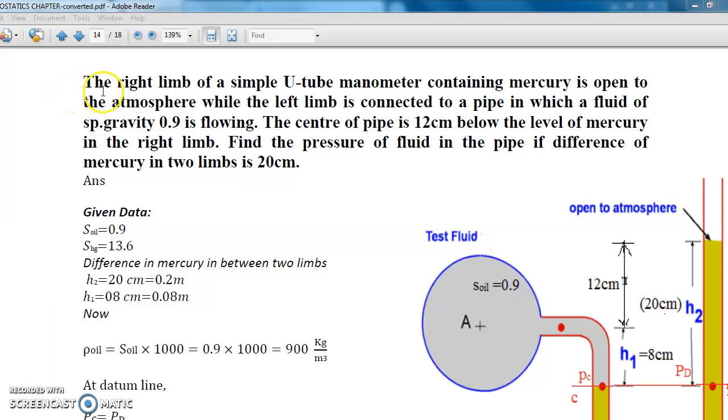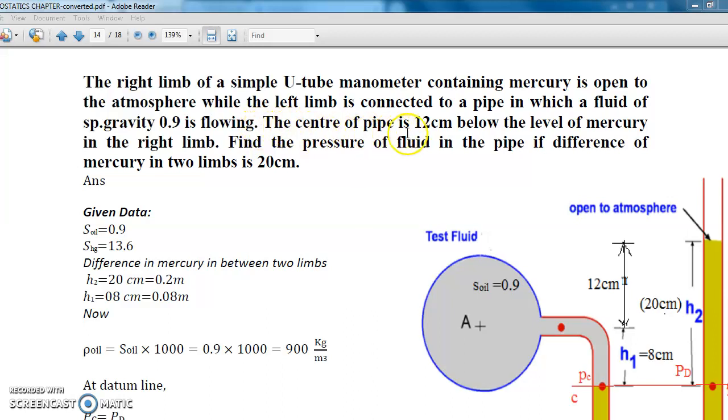The right limb of a simple U-tube manometer containing mercury is open to the atmosphere while the left limb is connected to a pipe in which a fluid of specific gravity 0.9 is flowing.